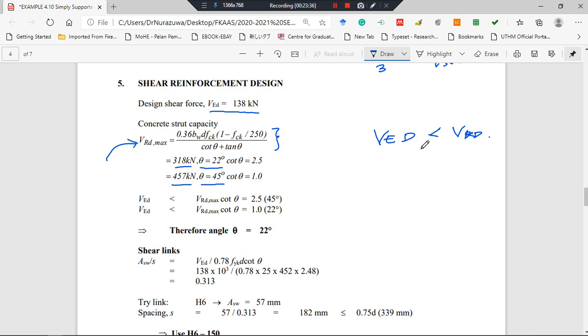If VED is more than VRD, you need to redesign. In this example, we meet this requirement. The VED is less than VRD, but which code do you want to use? Either 2.5 or 1. Which angle do you need to use? 22 degrees or 45 degrees?